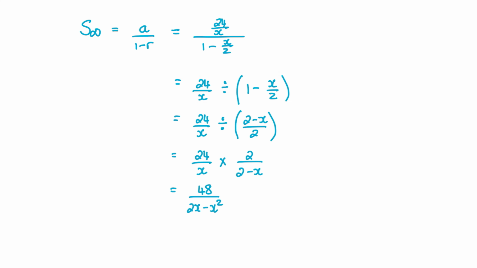This denominator part, or the second part of this division expression, we can try and rewrite these two terms as one term. So 1 can be represented as 2 over 2, and that will create a common denominator of 2. So then we'll have 2 minus x over 2.